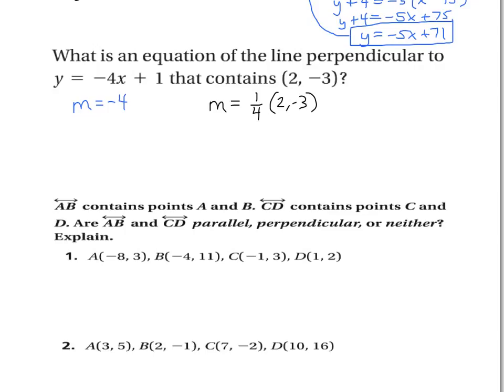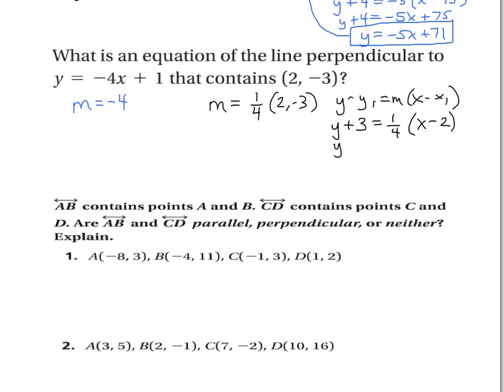Okay, so we're going to plug it into point-slope form. So y minus -3 becomes plus 3 equals the slope of 1/4 times the quantity x minus 2. Now I'm going to distribute the 1/4.